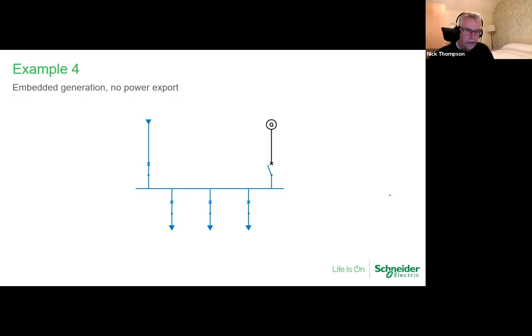But in this example here, if you're using it in island mode only, then you've got to take into consideration what blocking schemes you are going to put in place, because we will not want the generator circuit breaker to close until the incoming circuit breaker is opened. So what you can't do with HV switchgear is put physical mechanical rods to prevent one from closing whilst the other one is still closed.